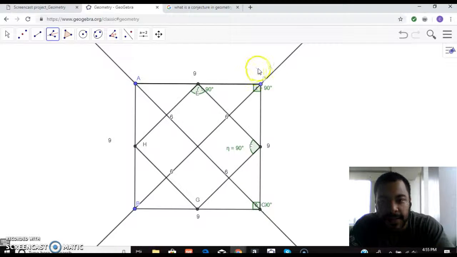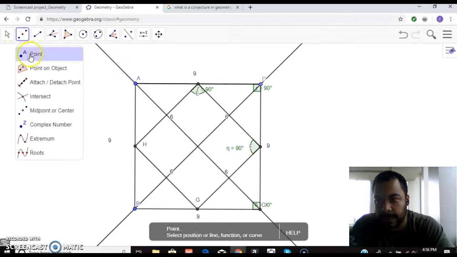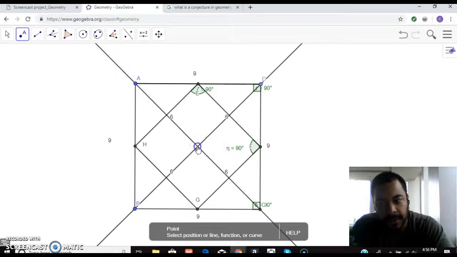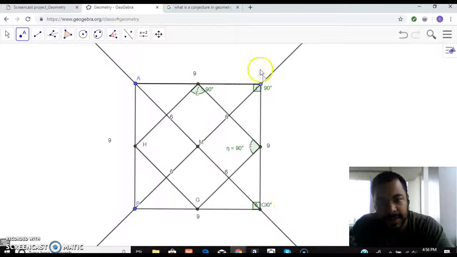And because the outside ABCD is a perfect square, I don't need to take the angle bisectors of the other ones. Not necessarily. I can, but they'll just overlap the lines that have already been made. Interesting. So this point right here should be the centroid of quadrilateral ABCD.